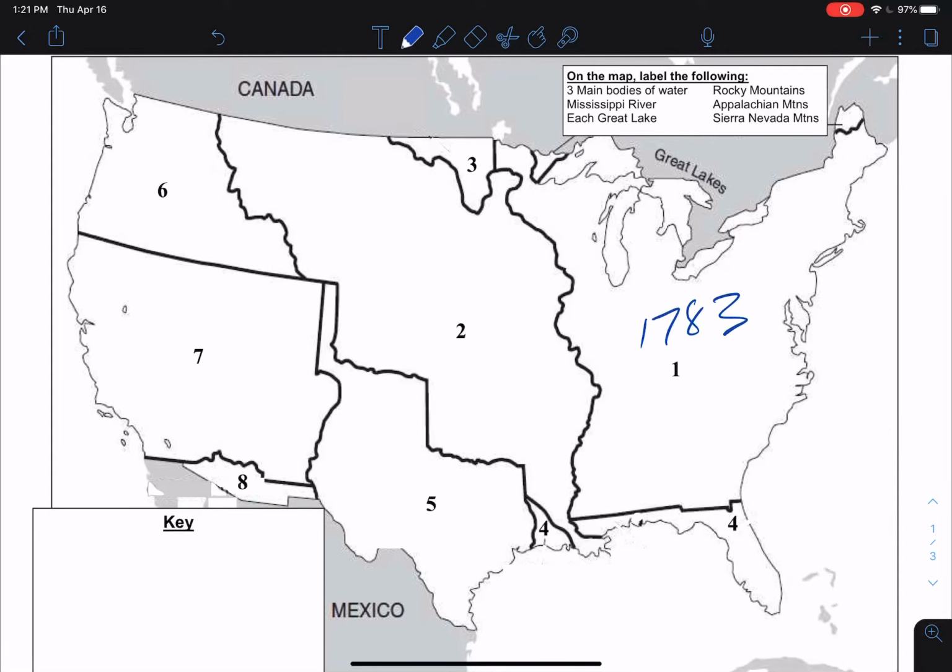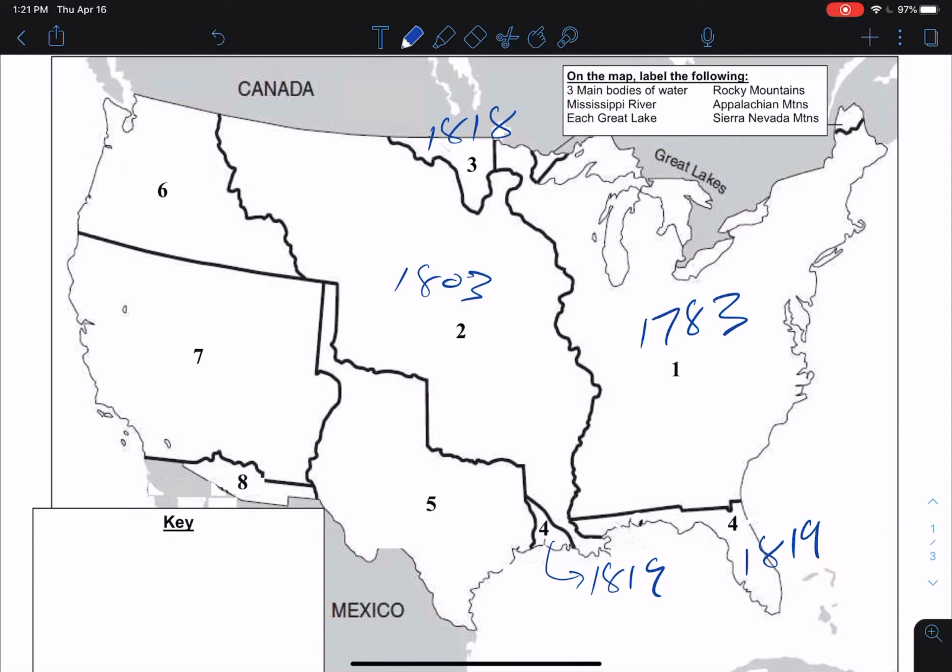And then going in order, the next one, Louisiana Purchase, 1803, and I'll speed up a little bit, Mexican Cession, 1818 or 1819, and then Florida, 1819, okay? And then this little territory is also 1819, okay?